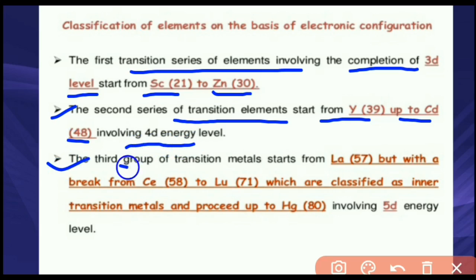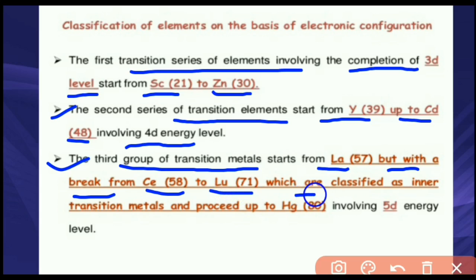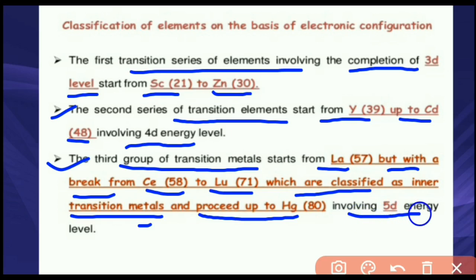The third group of transition metals starts from lanthanum, atomic number 57, but with a break from cerium, atomic number 58, to lutetium, atomic number 71, which are classified as inner transition elements and placed at the bottom of the main periodic table as f block elements. The series then proceeds to mercury, 80, involving the 5d energy level, the 5d series.